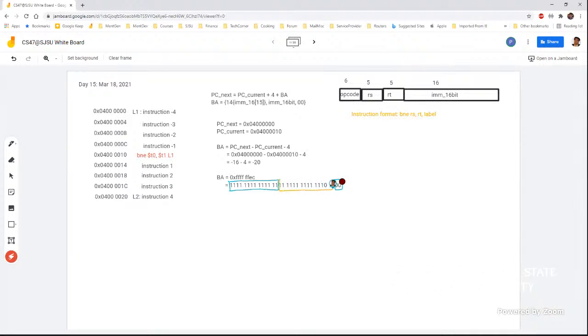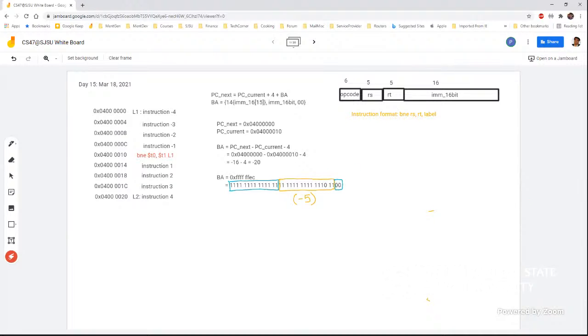Now what is that in decimal? If you see, this is -5. In 16-bit 2's complement, if you convert that bit pattern into decimal, it's -5. That means my machine code is going to be, your opcode is what?